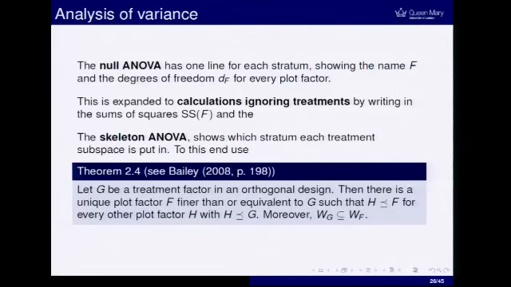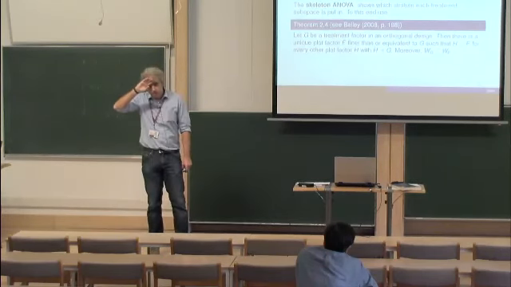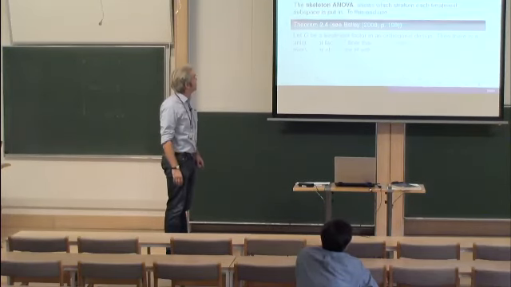And here is this theorem from Rosemary's book, which says, okay, if we have an orthogonal design and we look at any treatment factor, then there is a unique plot factor which is finer than the treatment factor and which is the coarsest of all plot factors that are finer than the treatment factor. And then we get the ANOVA.